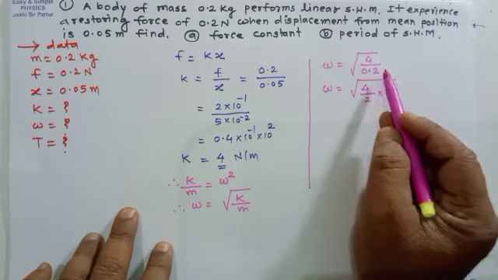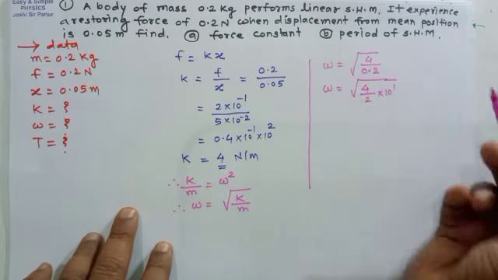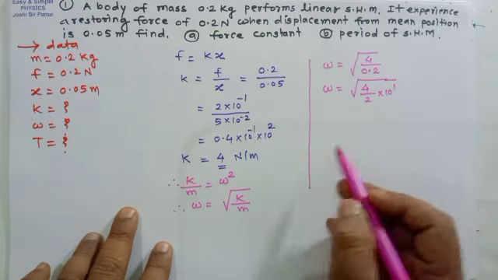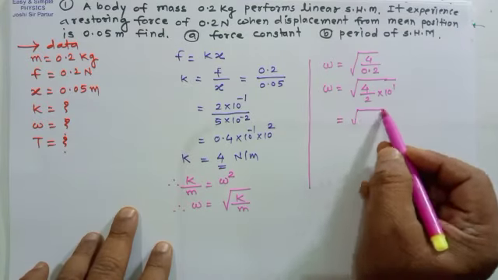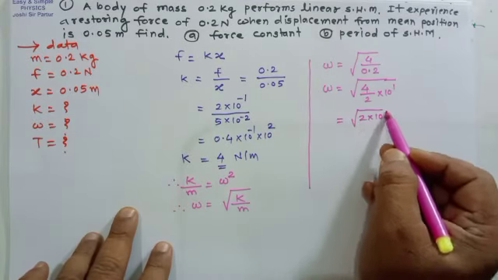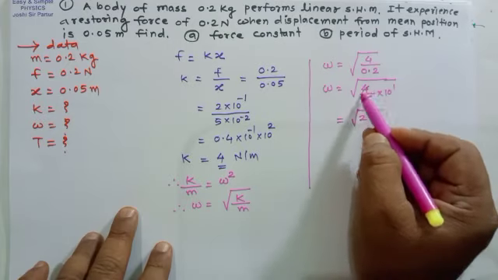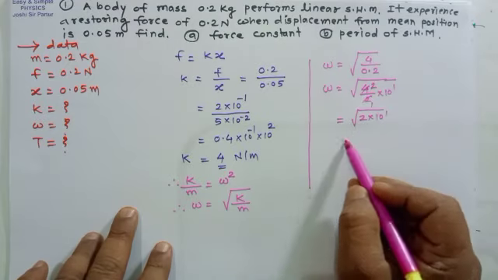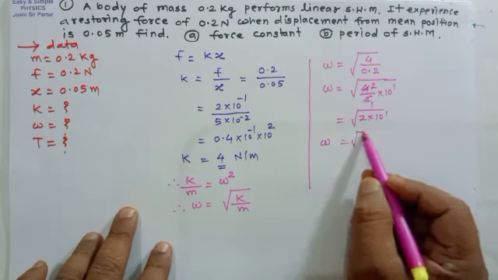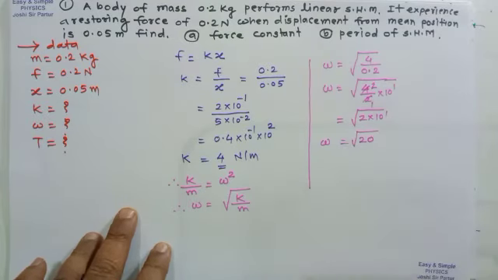10 to the power minus 1 is shifted in numerator, becomes plus 1, so it will be 2 into 10 to the power 1, that is 20. So omega is square root of 20.